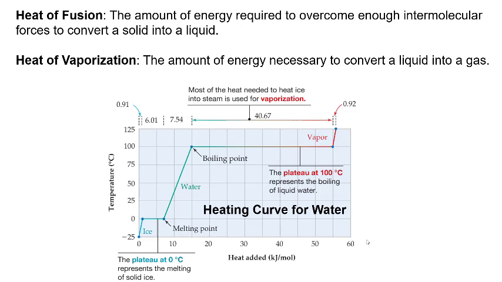So if we take a look at what's called a heating curve, which indicates the amount of heat that has to be put in on the x-axis and the temperature on the y-axis. Okay, so if you consider the changes of phase for water, we know that we can have an ice cube.